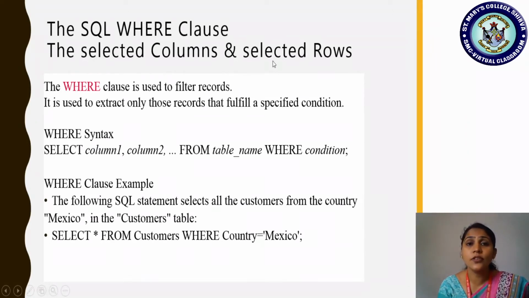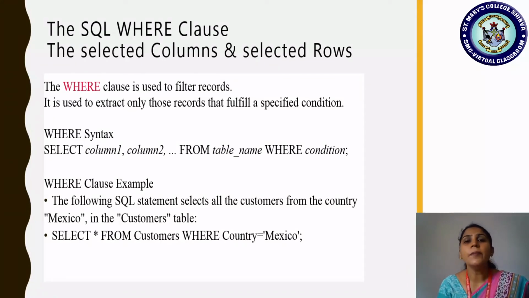What are the selected rows? How am I putting the condition? How am I filtering the records using the where clause? Where condition, what is the condition? Class is equal to first BCA. What is the condition I am giving? The attribute class should hold what type of value? First BCA value.